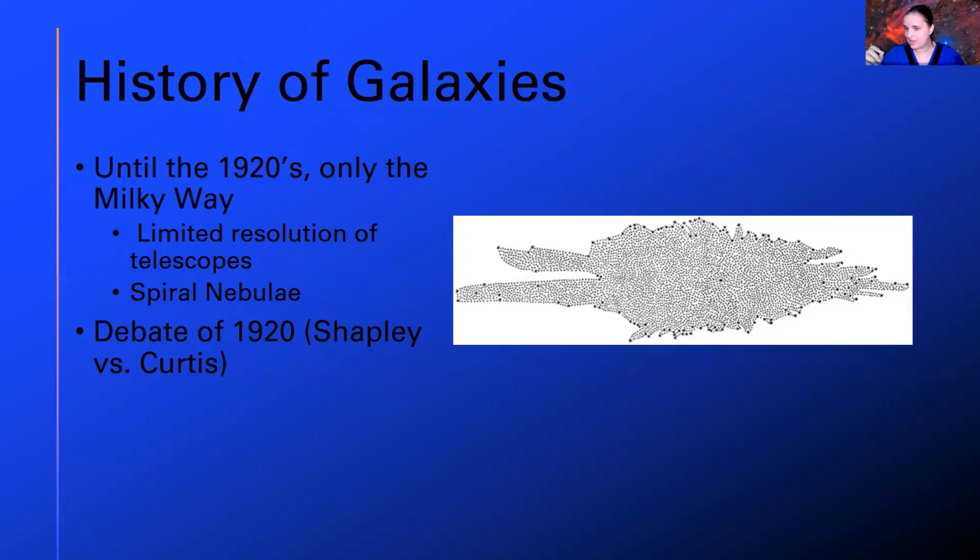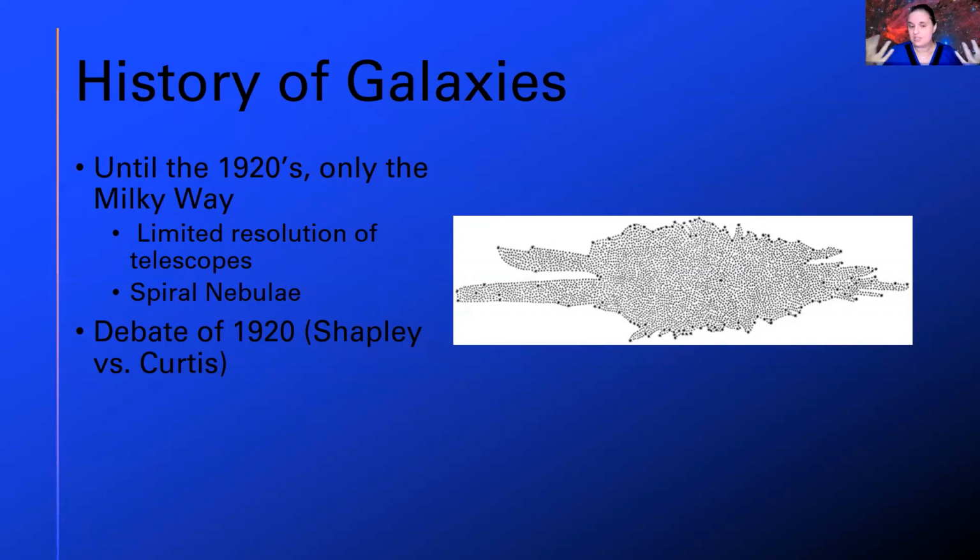these spiral nebulae seemed a lot further than many of the other objects in our local neighborhood for our stars. Like, these objects seemed much farther away and had unique properties that shouldn't be a part of our galaxy.